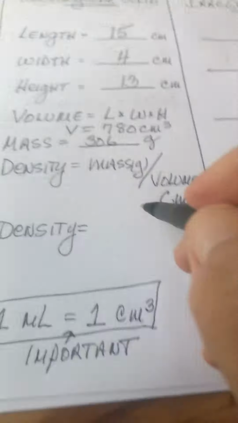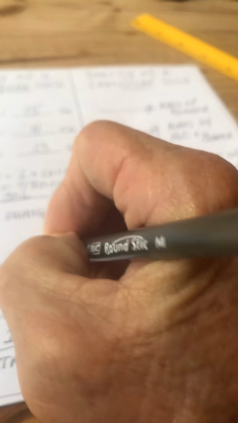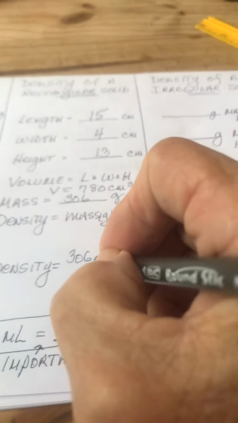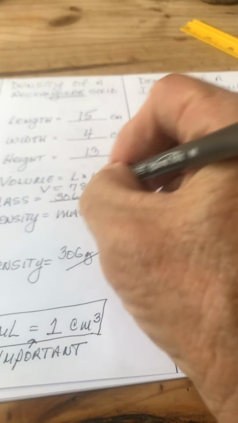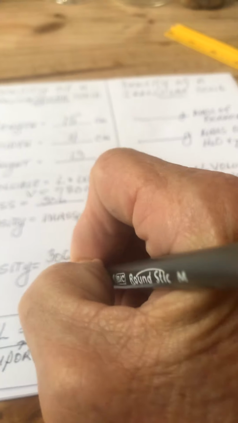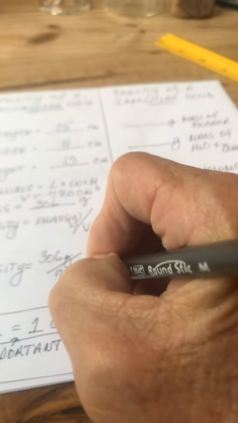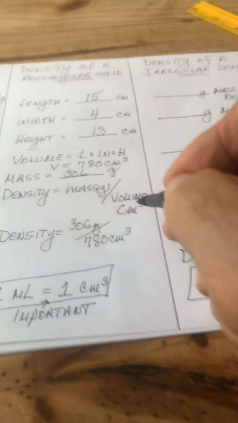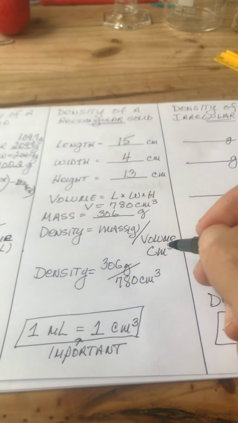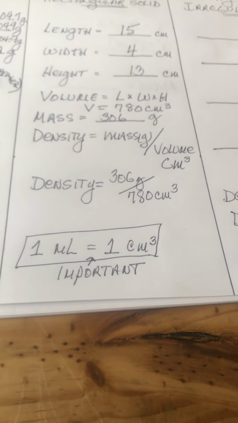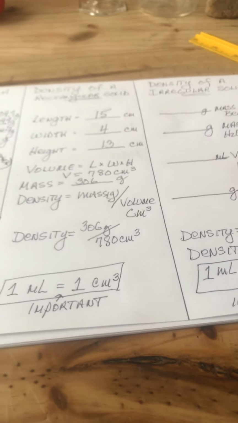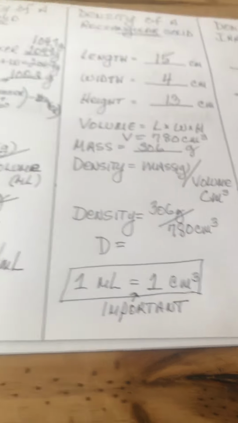So the mass is 306 grams. So the density is 306 grams divided by 780 cubic centimeters.